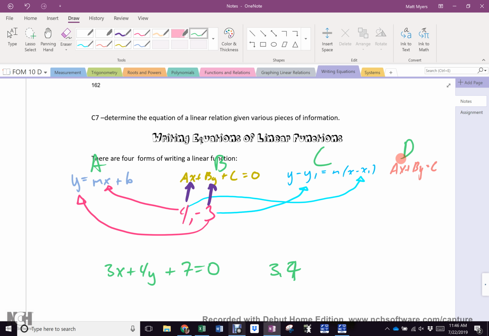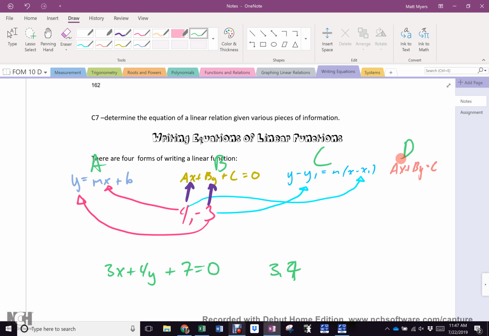What would you use? A. You have y-intercept of 3, x-intercept of 4. What would you use? B or D, because they're almost exactly the same, right? Everybody understand? Each one of these lends itself to a particular kind of problem.